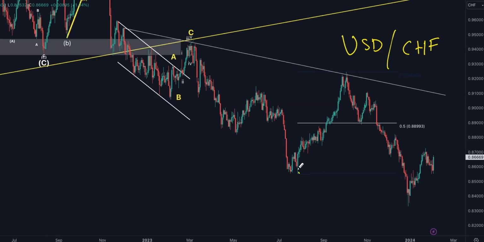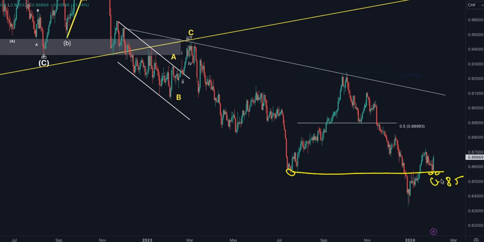Same with the USDCHF daily chart. Price made a retracement, tested the previous support level, now it is going up again. So you can expect price staying up from the .85 level.